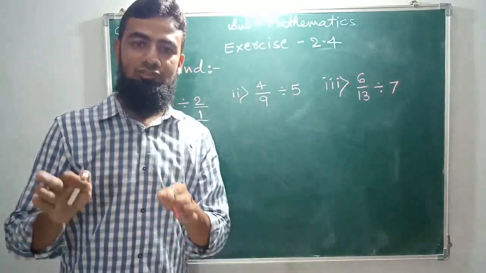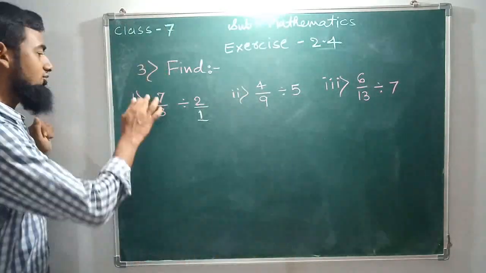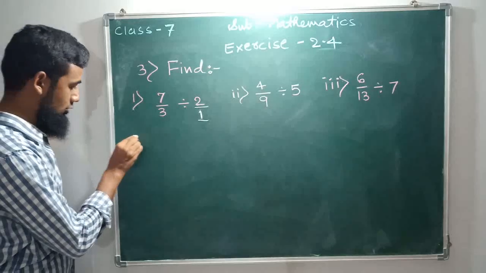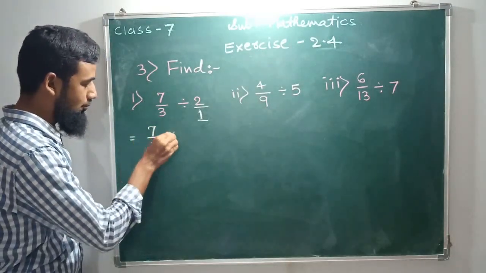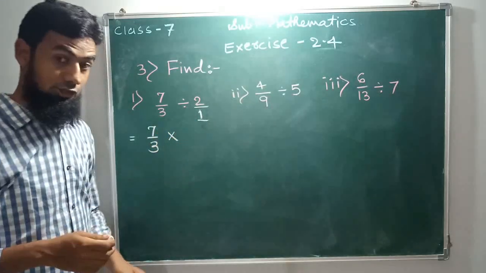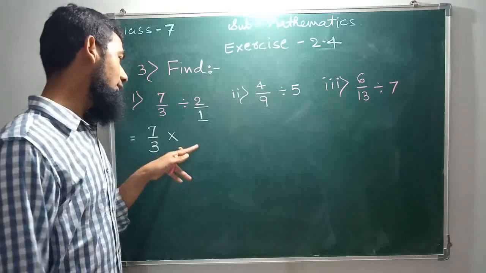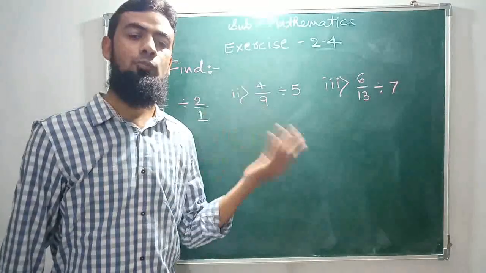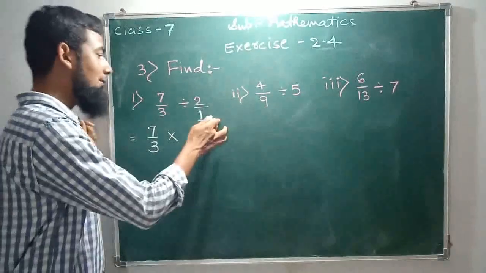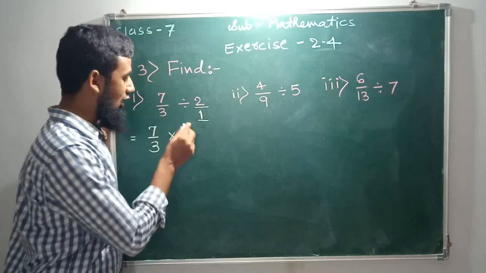Now 7 upon 3 multiplied by, and while writing the multiplication symbol, we exchange places: numerator to denominator and denominator to numerator.